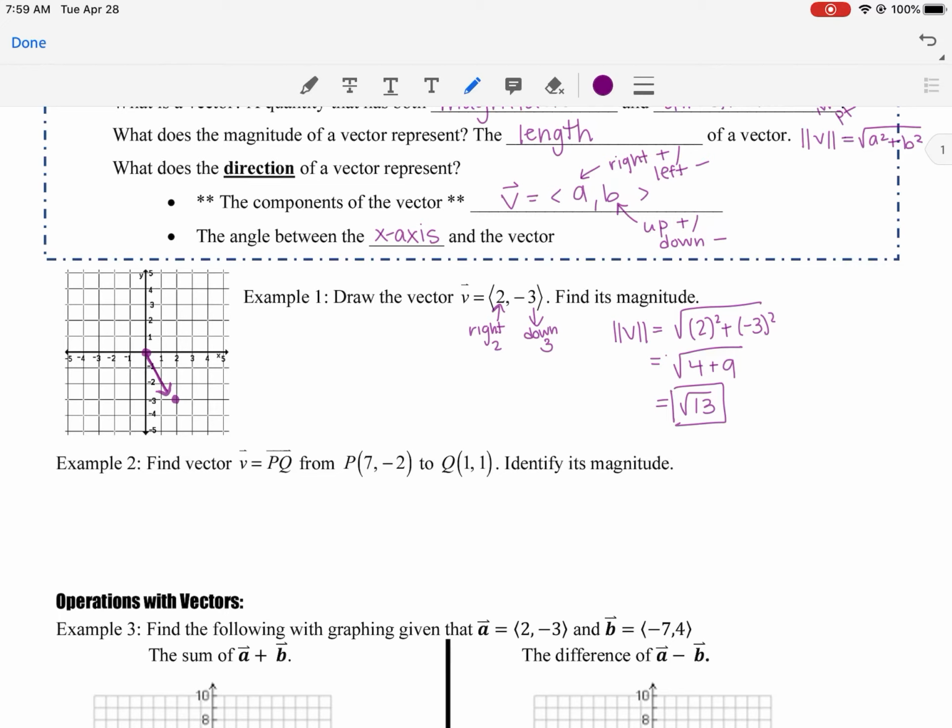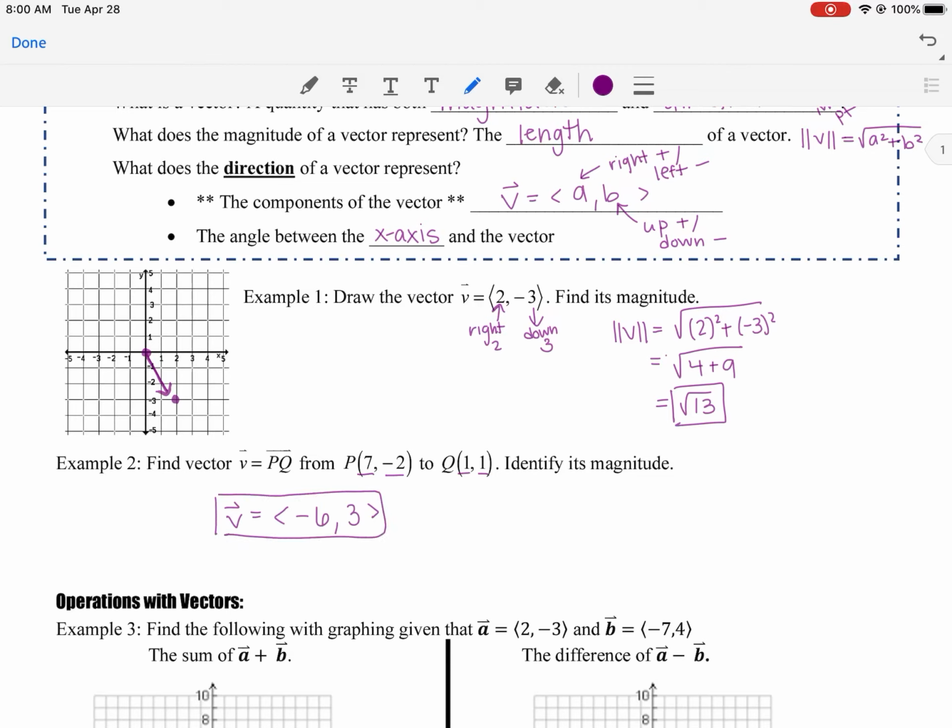Let's look at the next one. This one is represented slightly differently. We're going from point P to point Q, and they say first find the vector. If they just give you the initial and terminal points, we ask how we got from 7 to 1. To get from 7 to 1, you subtract 6, so it's going left, negative 6. How do you get from negative 1 to 2? We're adding 3. So the vector negative 6, 3 is being represented.